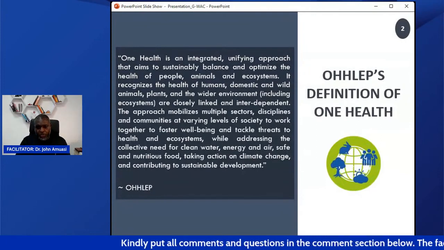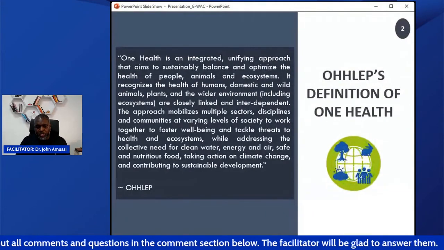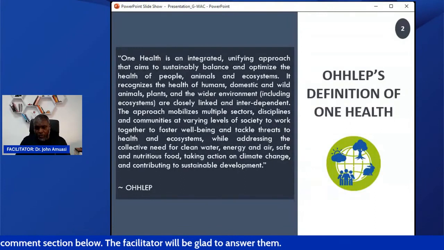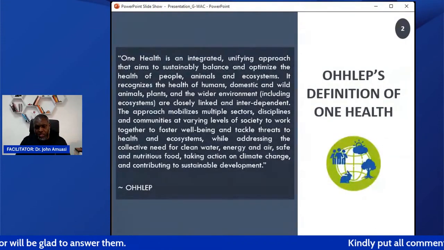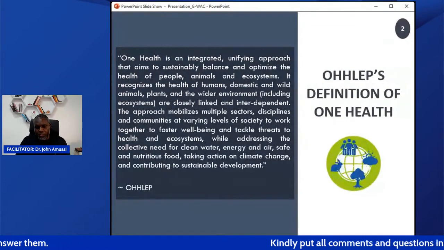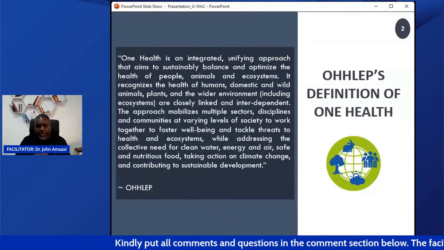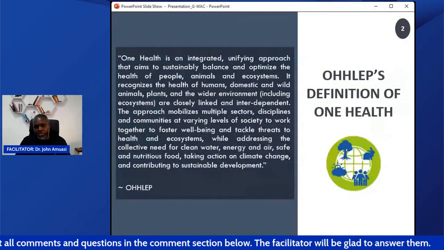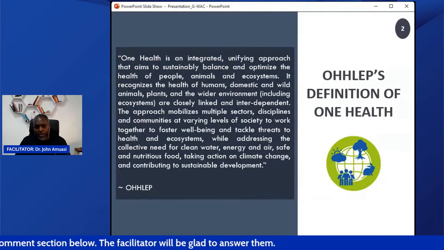It's a definition which not all may agree with holistically or completely, but it's very important that all persons engaged in global health and One Health are able to coalesce around and promote this definition, for the important reason that we need to have a common baseline, a common reference on which we build our collaborations and also measure the output of activities.